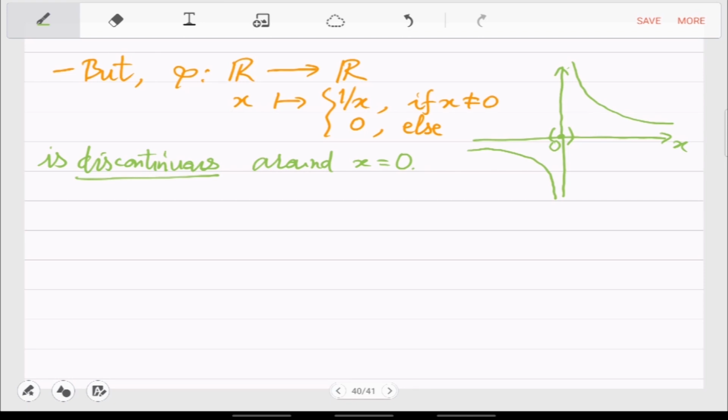Because if you try to draw the part around 0, then you have to lift it from 0 to infinity. So that is the thing you want to avoid. You don't want to study such functions, at least not in the beginning of the course. So we have to somehow avoid this in the definition when we give it algebraically.